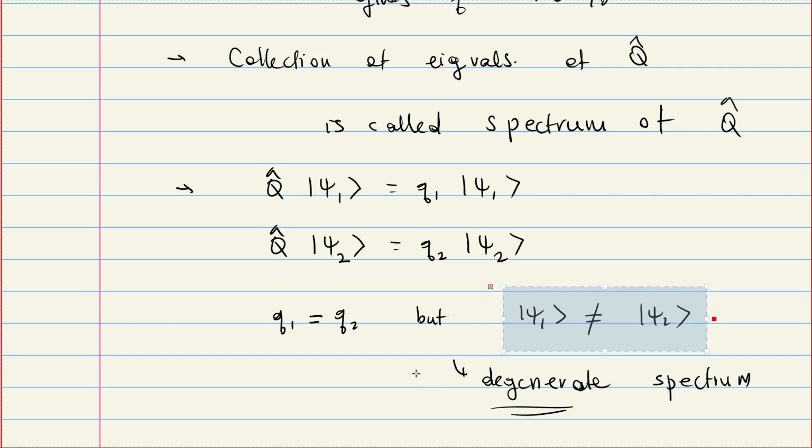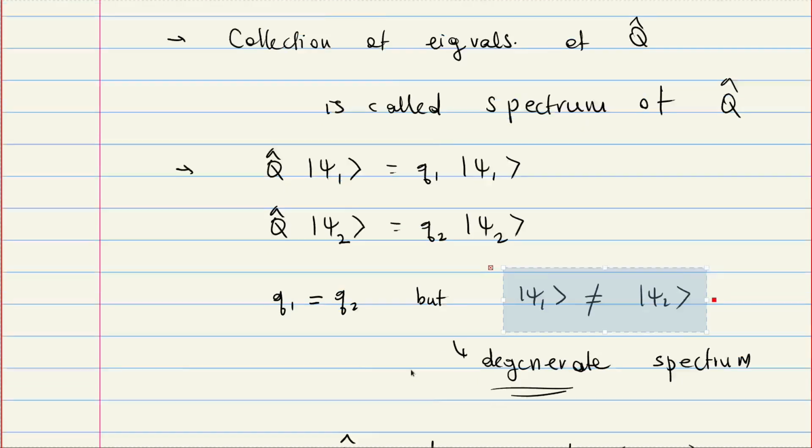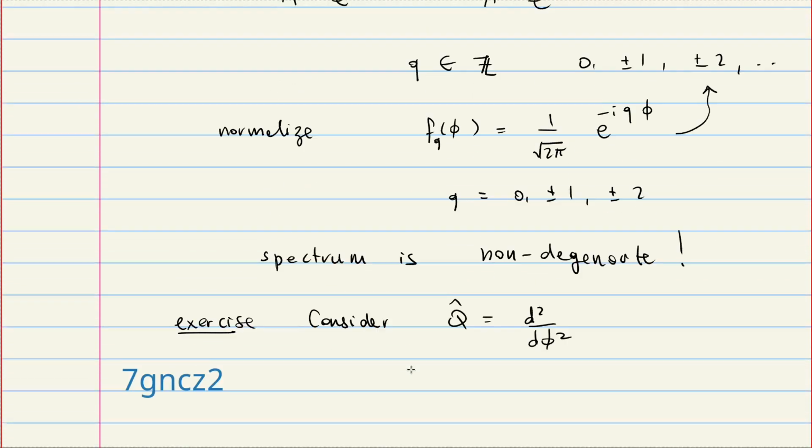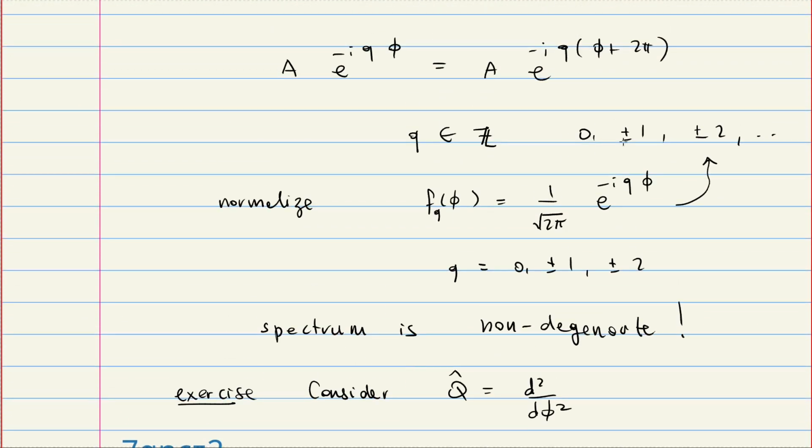Yes? How did we say? So here you can see eigenfunctions are labeled, so you are asking for this problem, right? For this problem, eigenfunctions are labeled by q, and each different q has a different eigenvalue, right?